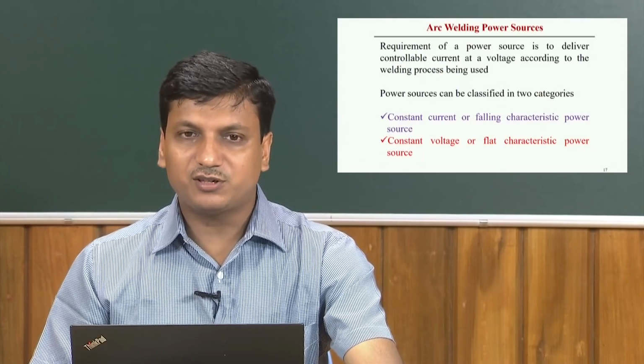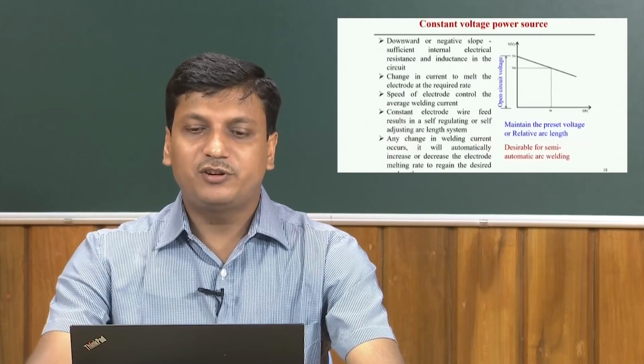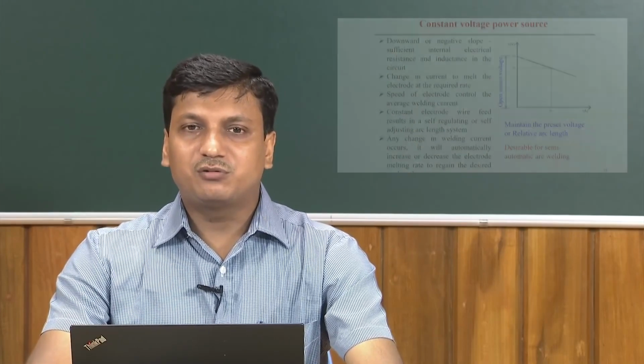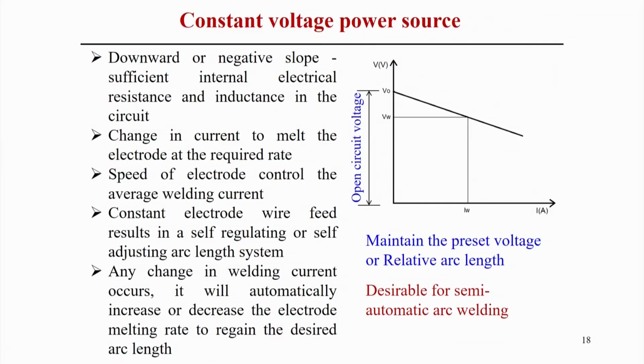Let us see the first one, the constant voltage power source. What are the typical characteristics of this type of power source and why is it required? First, this type of power source can be used in semi-automatic arc welding process.